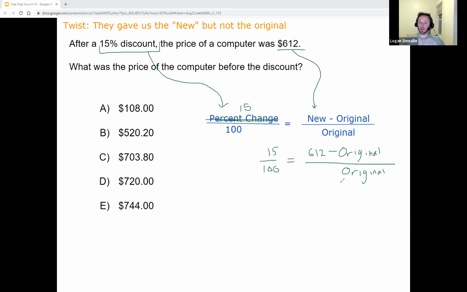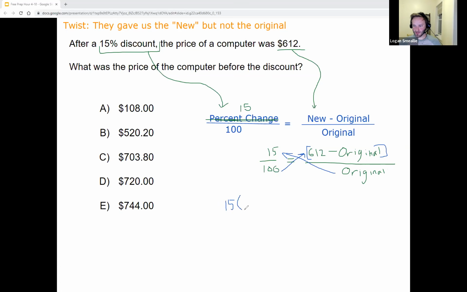If you're ever in this situation where you don't know the original and you're trying to solve it with the formula, try to get rid of the fractions by cross multiplying, by which I mean we'll multiply both sides by the denominator to bring it over there, and multiply both sides by 100 to bring 100 up there.